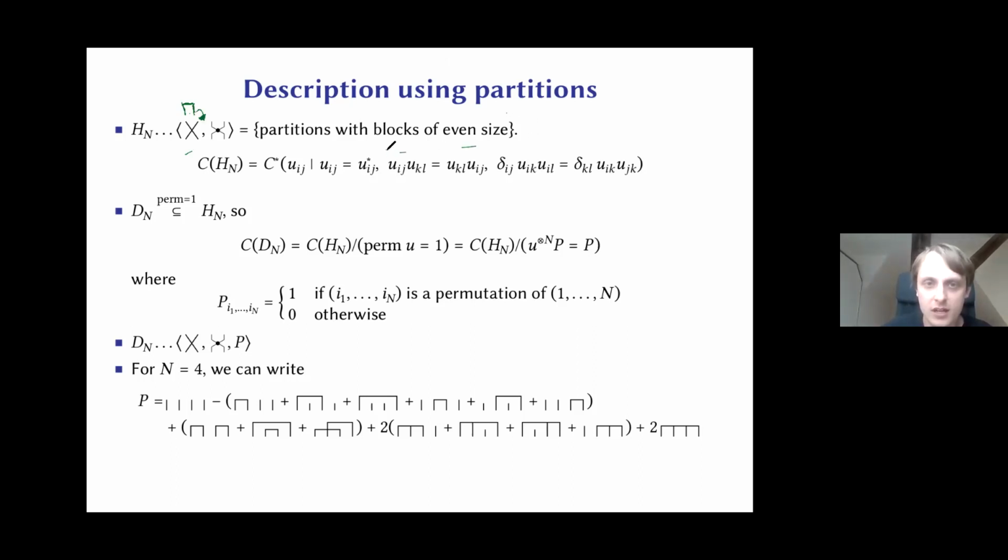But I have to put this relation inside here. So here I must also assume this orthogonality. Sorry, this is missing here. Like this.